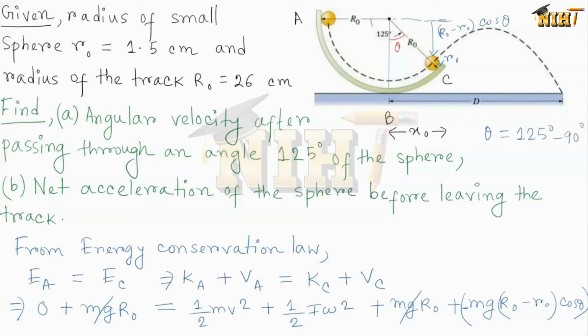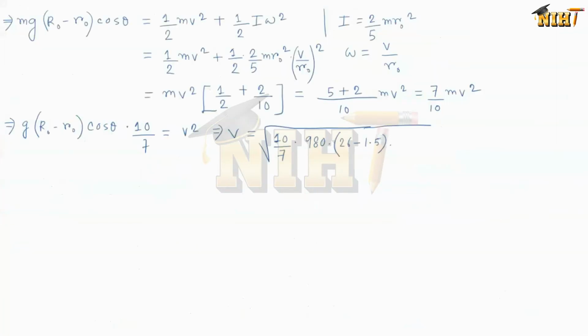From here, by putting the value of theta, we get the value of v, that is the value of cos 35 degree is 0.8191, and from here we get the value 24.5.